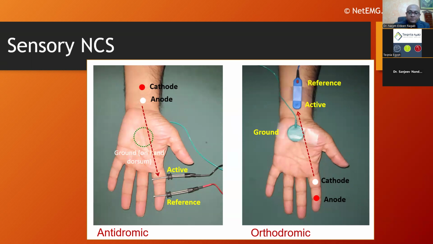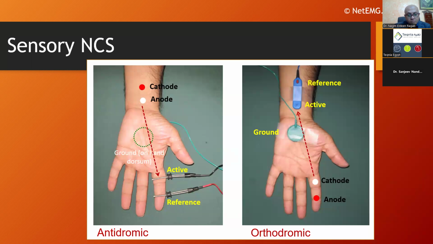Okay. If you are looking at a polyneuropathy, going proximal is not going to help. But if you are looking at focal neuropathies, then proximal stimulation can help. It is not uncommon, for example, to do a sensory nerve conduction study across the elbow to localize the lesion. It is not typical, but we do use it.